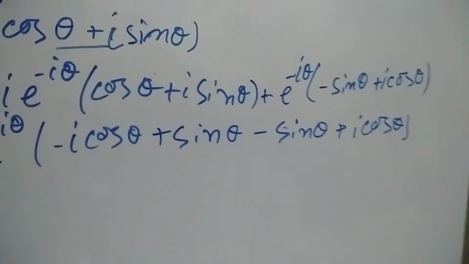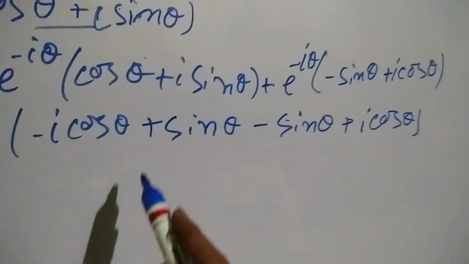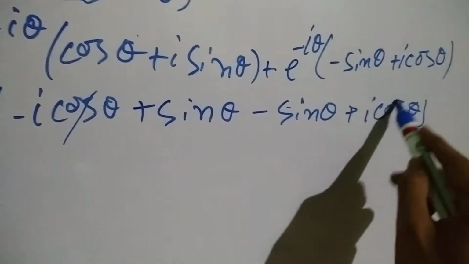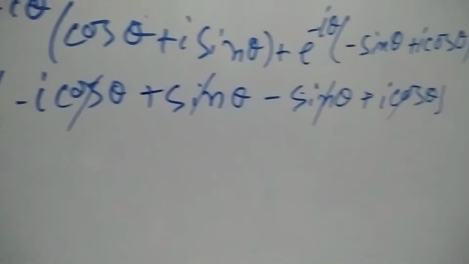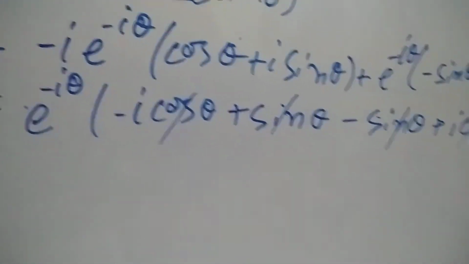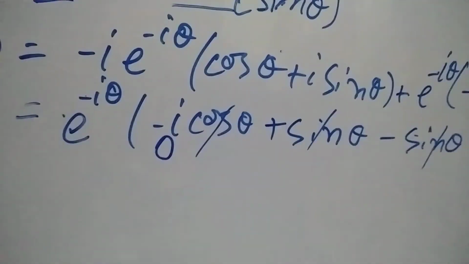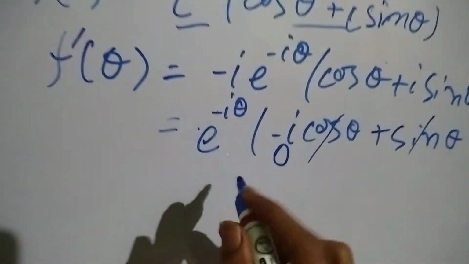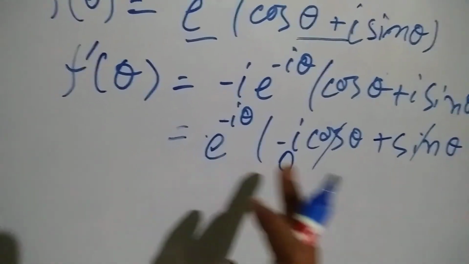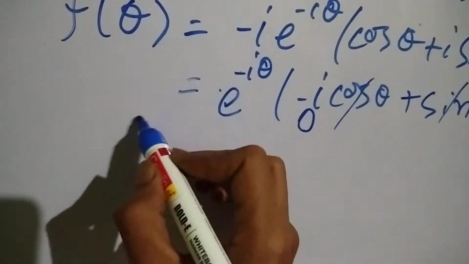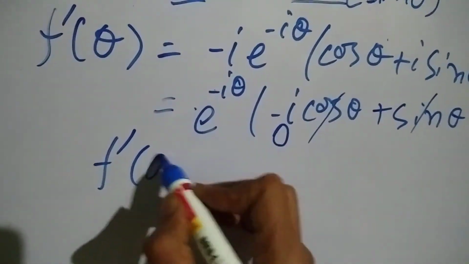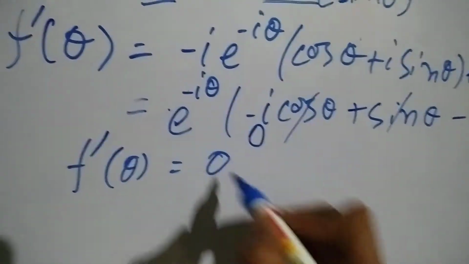Now as you can see, these terms neutralize each other and we get 0. If we multiply this with 0, we get 0. So the value of f dash theta is 0.